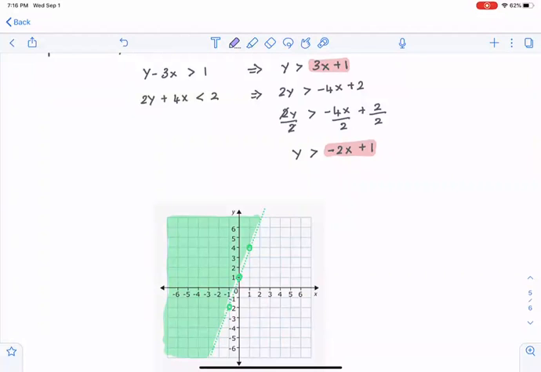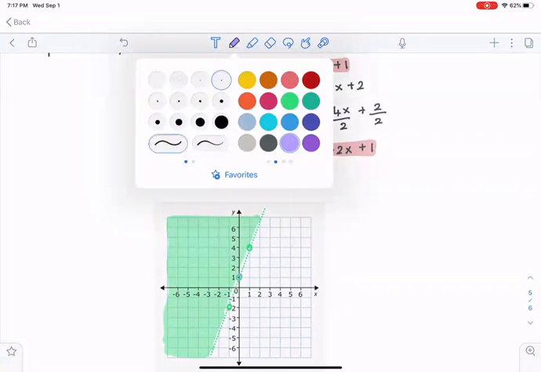Now we go to the second line, which is negative 2x plus 1. So negative 2x plus 1 is a decreasing line. The intercept, once again, is 1. So it just goes on top of what we had already. And start plugging in numbers for x.